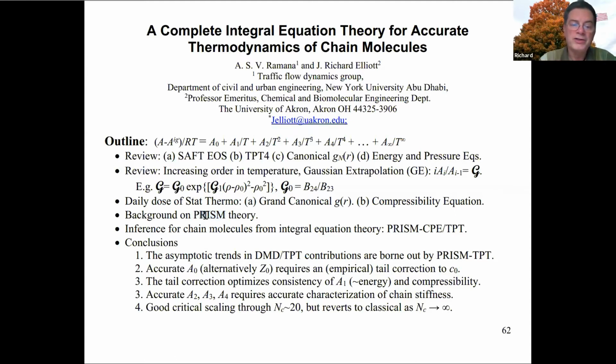The R here stands for reference interaction site model, which is just the name that Chandler came up with for his integral equation theory for a collection of spheres attached to form a molecule, right? It's the interaction site model. And the P here stands for the polymer version of that.